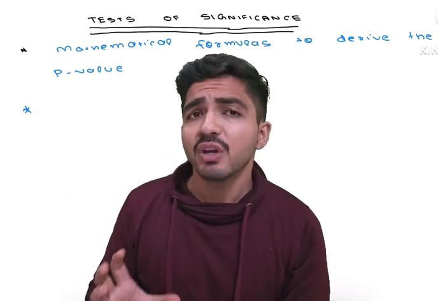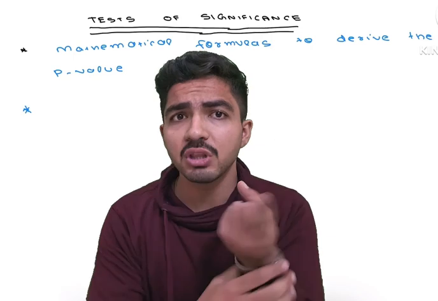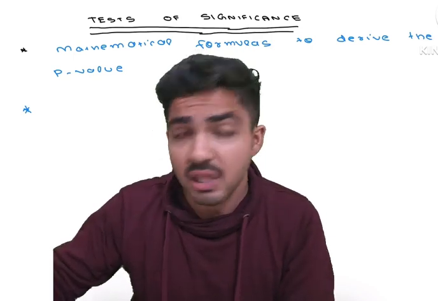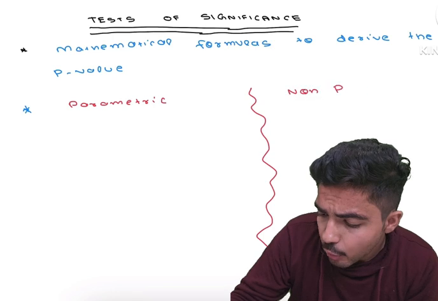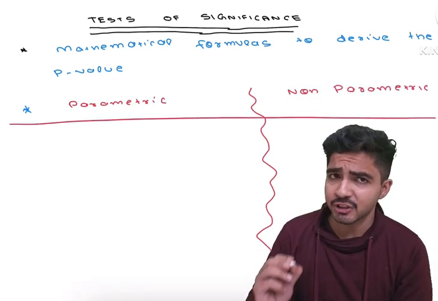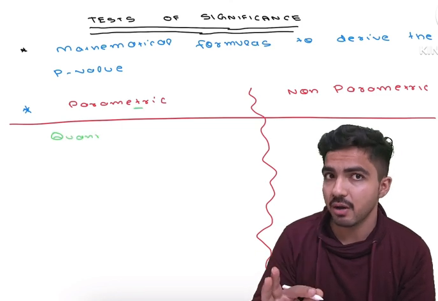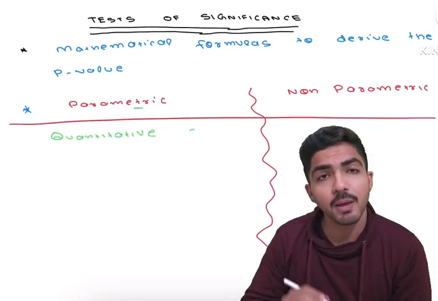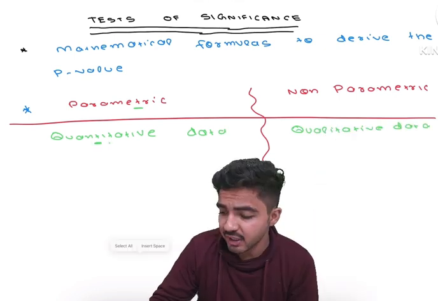So tests of significance are basically divided into two types based on the type of data, that is parametric and non-parametric. Parametric tests are applied for quantitative data and non-parametric tests are applied for qualitative data.